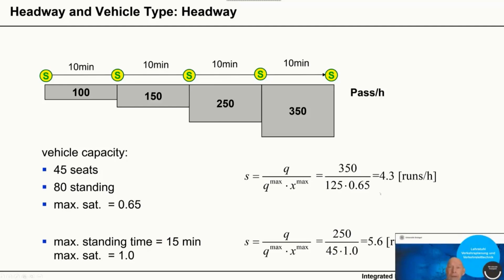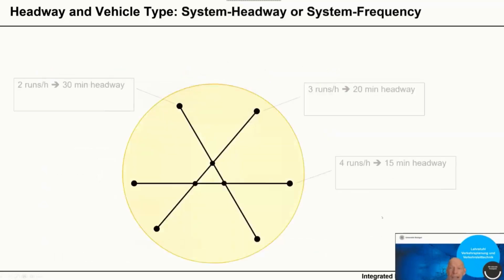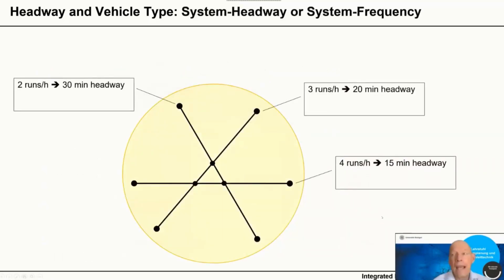Now, the next step is that we have done that calculation, and now we are looking at one line only. And now we go back, we look at the entire network. And now you have this type of system here, and you have 3 lines.